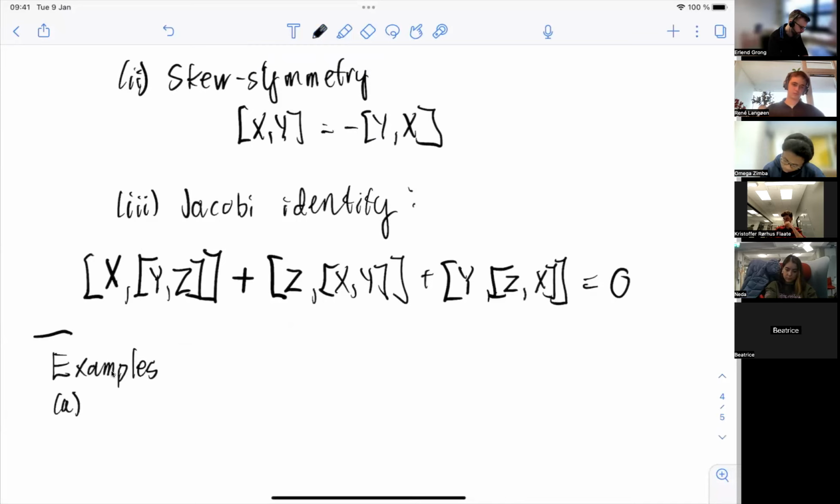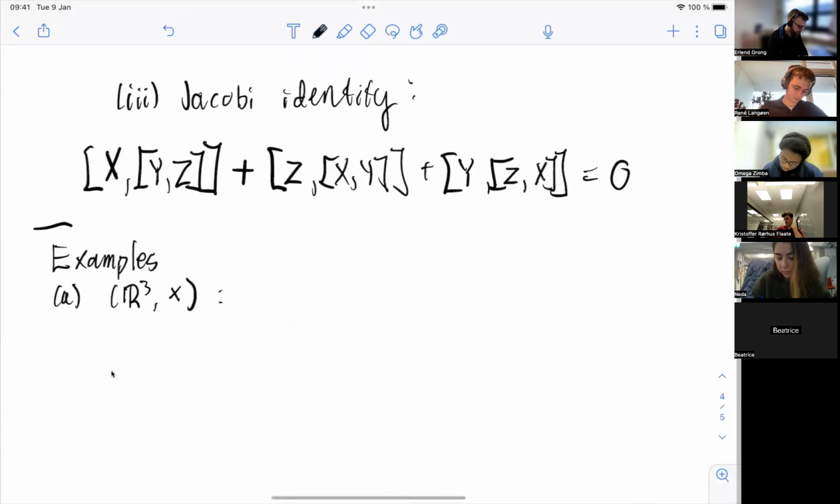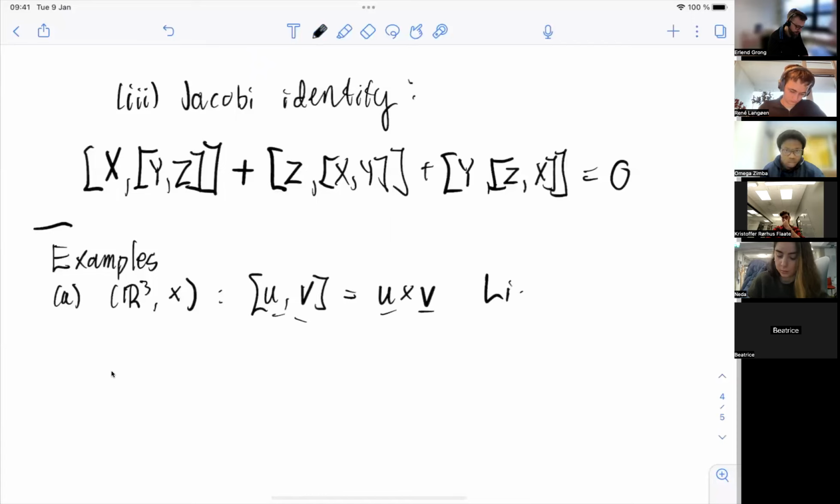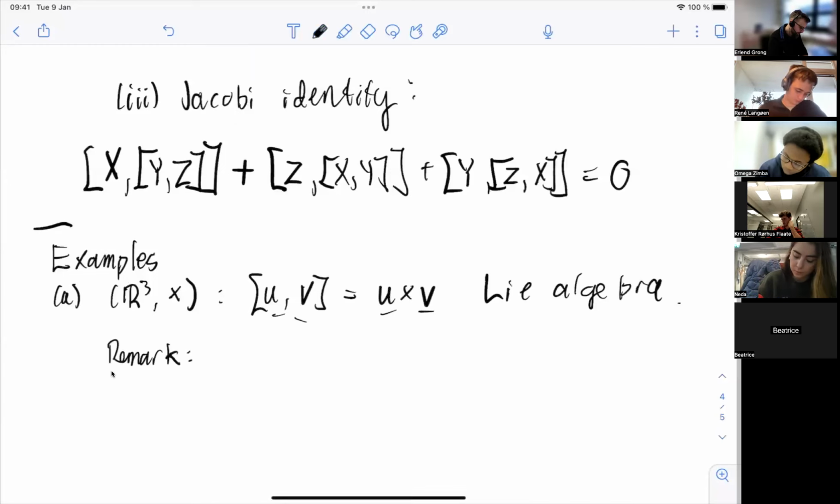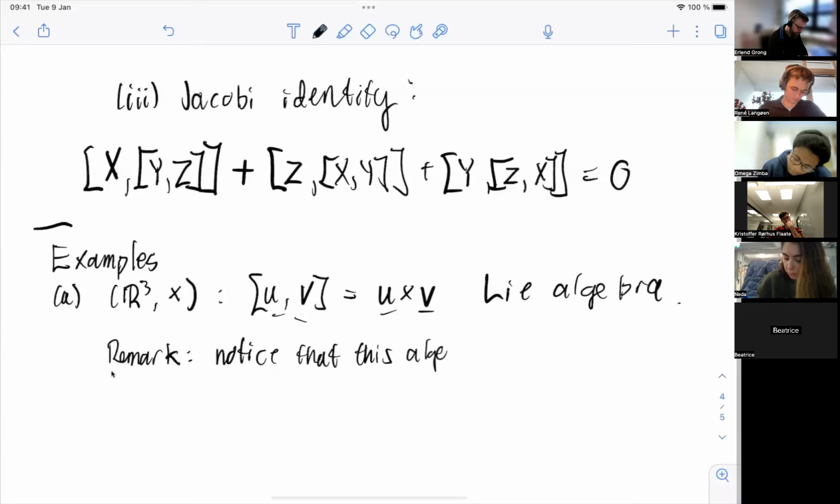The first example that you've seen is R^3 with a cross product. If we define the bracket [u, v] as the vectors u and v crossed, this will be a Lie algebra. Remark: notice that this algebra is not associative.